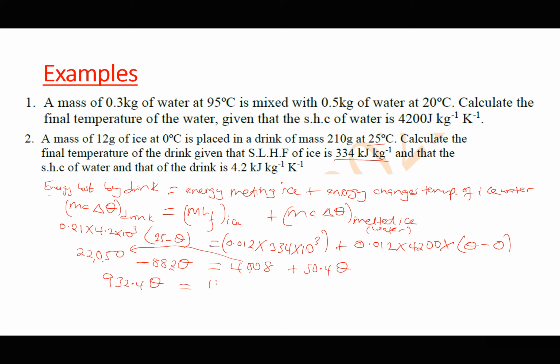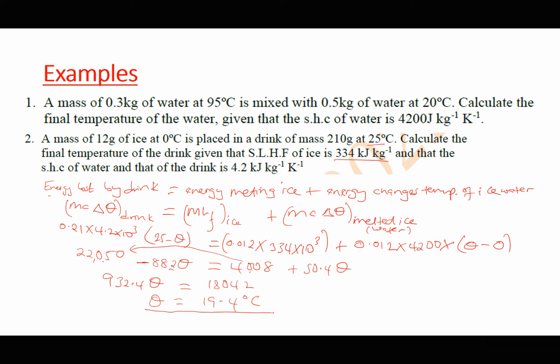So this is 18042. Now I divide by 932.4. And I'm getting theta as 19.4 degrees Celsius. So when you press your calculator, you are most likely going to come up with that value there as the final temperature.